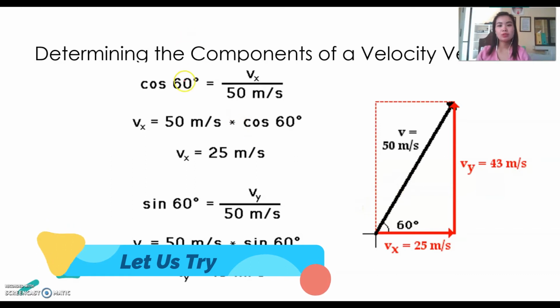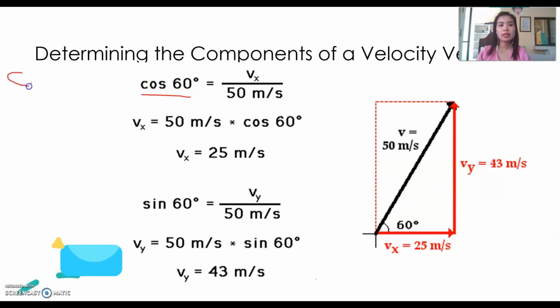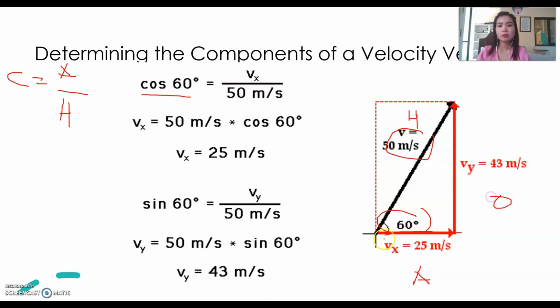Why cosine? Remember, cosine is adjacent over hypotenuse. This is our angle. What is the adjacent of 60 degrees? Very good. And our hypotenuse is 50. This is our hypotenuse, this is our adjacent, and this is our opposite.